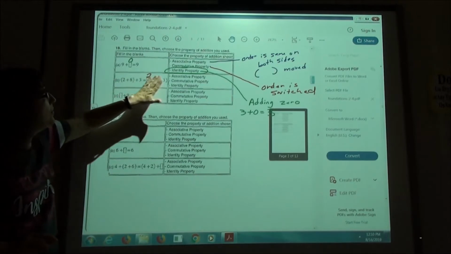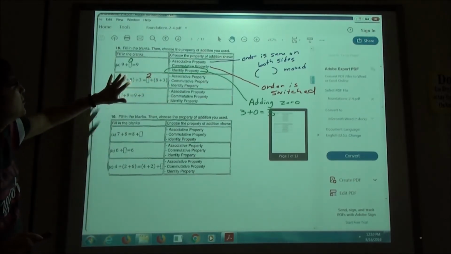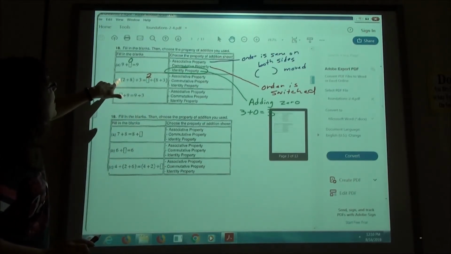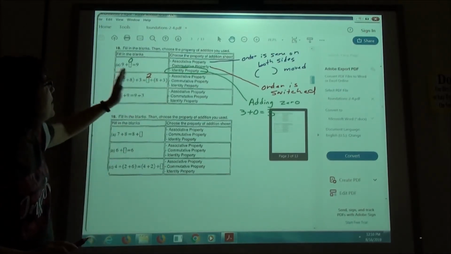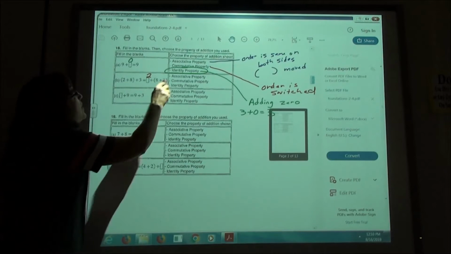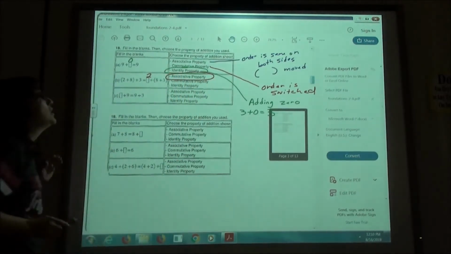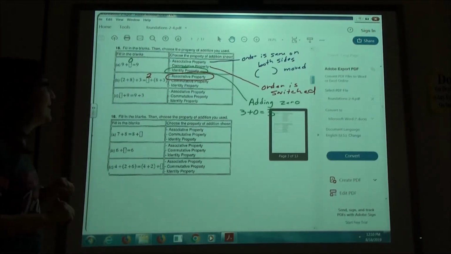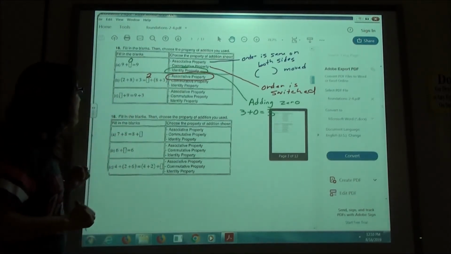So when you do the associative property, the order has to stay the same. The parentheses are moved. So this one here is your associative property. If I said commutative property before, fix that in your mind. If you have parentheses, it's probably the associative property.